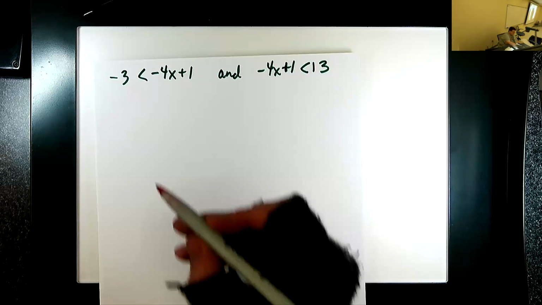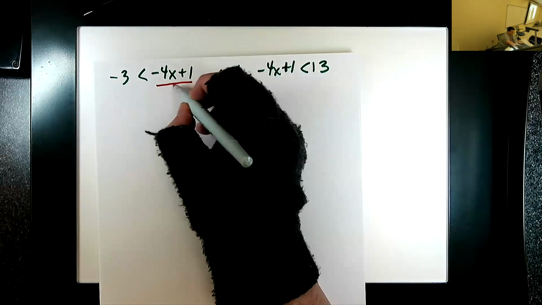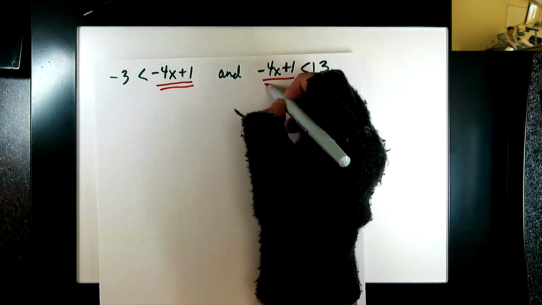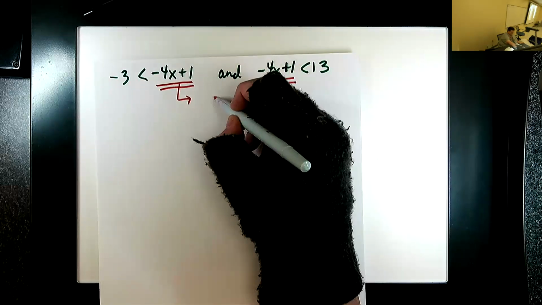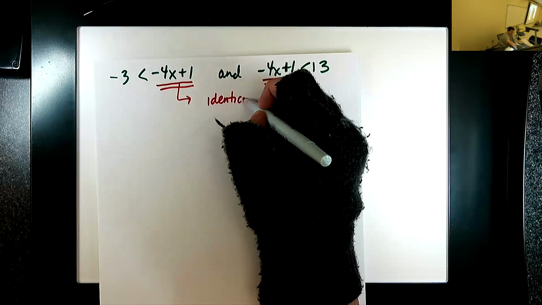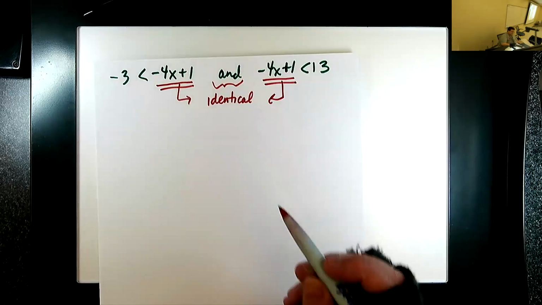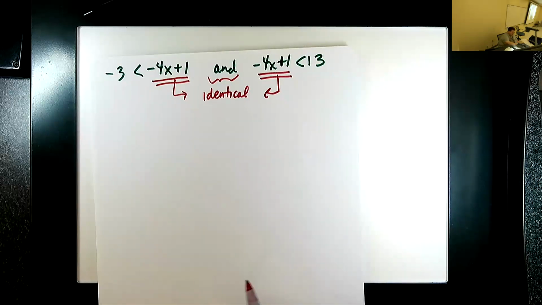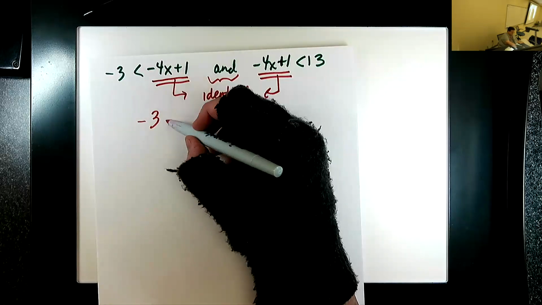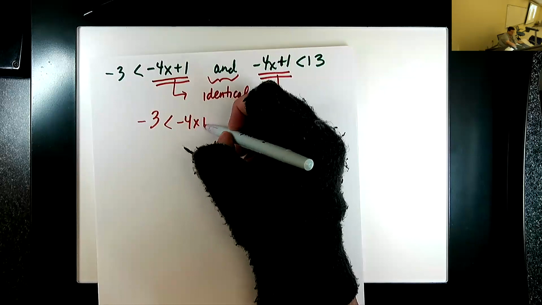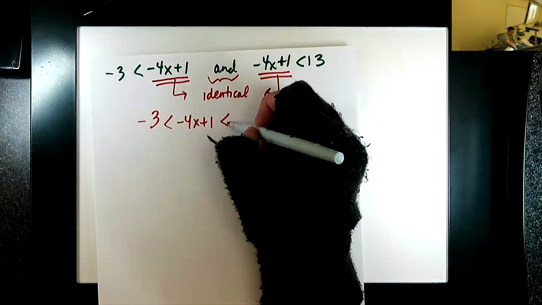If you see that your expressions with your variables are identical, and we have an and, we should be able to put them together like this. -3 is less than -4x plus 1, and that is less than 13.